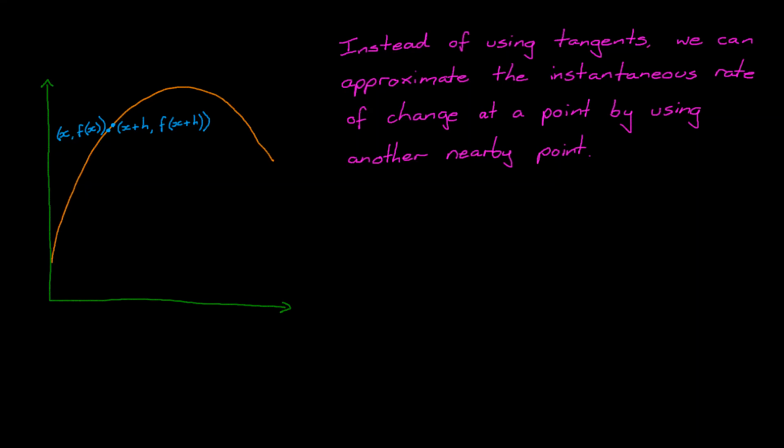And we use exactly the same procedure. We find the gradient between these 2 points as m equals delta y over delta x, which in this case gives us f of x plus h minus f of x divided by the difference in their x values, which is h.